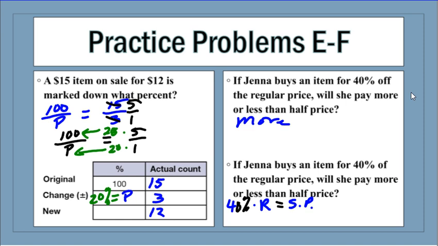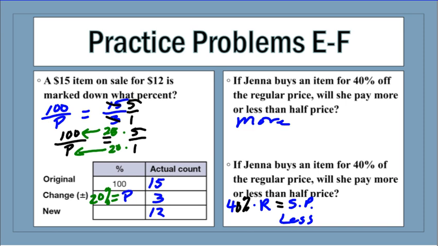Will she pay more or less than half? For that one, she would pay less than half. It would be less than half the price because 40% of it is less than 50%.